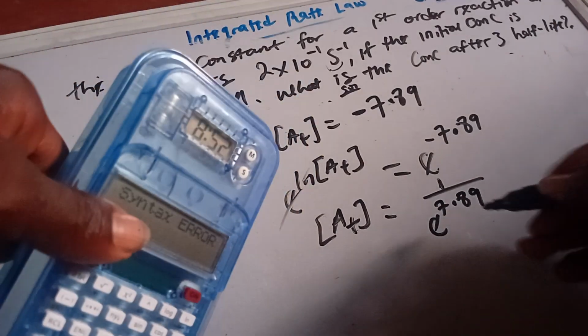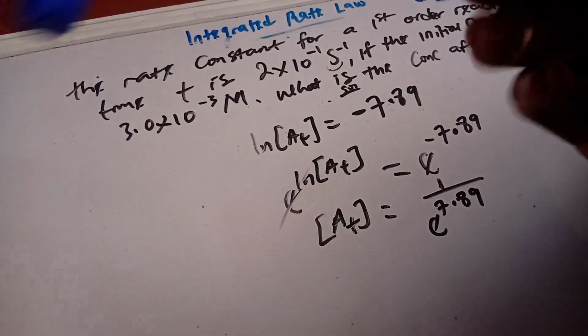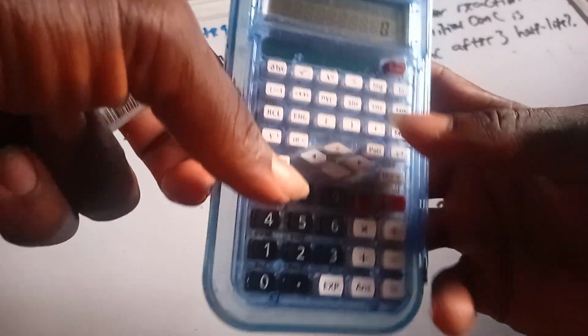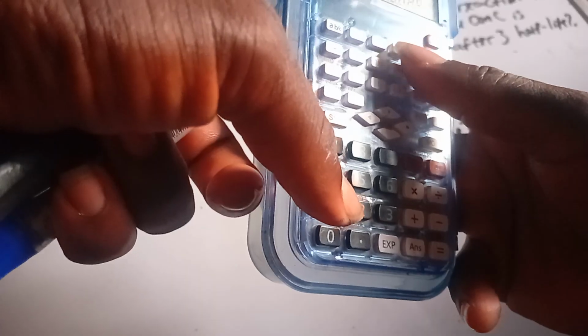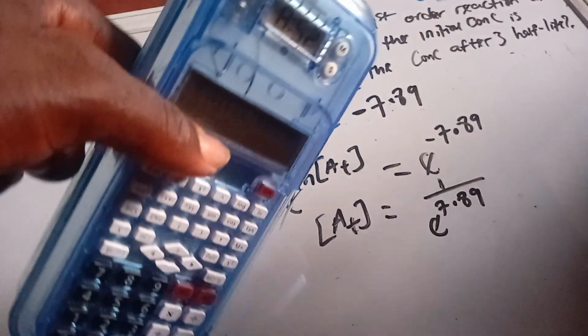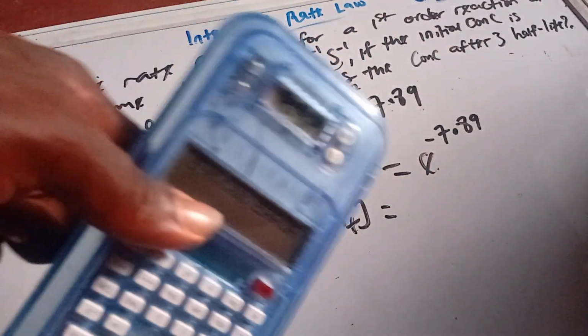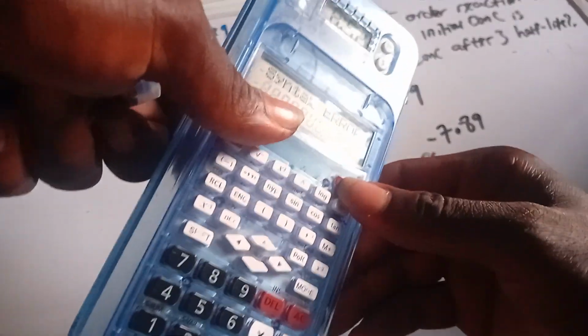Maybe it's this type of calculator. You know, if you take it up, it will become negative. So let's do it this way. I think this calculator can manage this one. Shift ln 7.89. Okay, sorry, we don't need to put power. If you want to use this kind of calculator, don't put power.